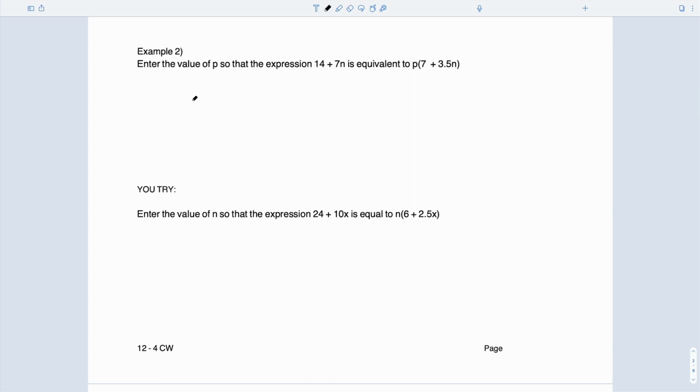Example 2. Enter the value of p, so the expression 14 plus 7n is equivalent to p times 7 plus 3.5n. You see this on a test and you start to distribute to try to make it equal, but you end up with this funky looking term. You're going to stop.